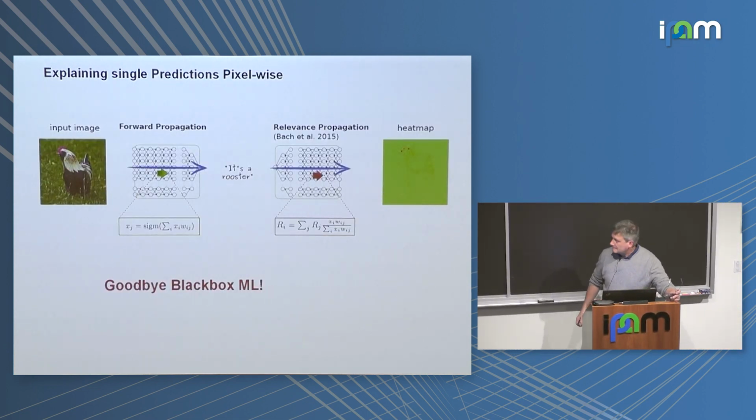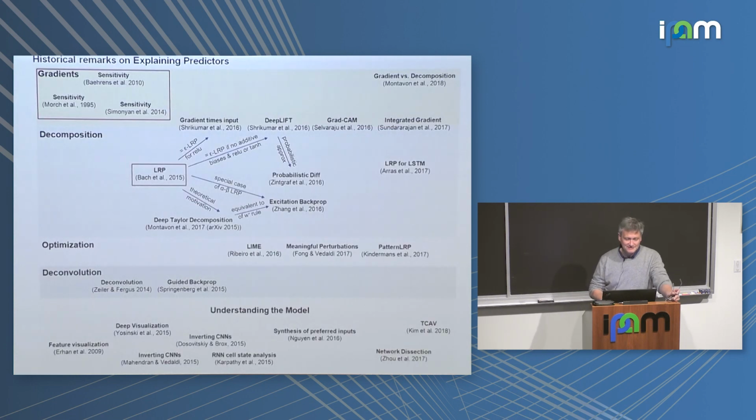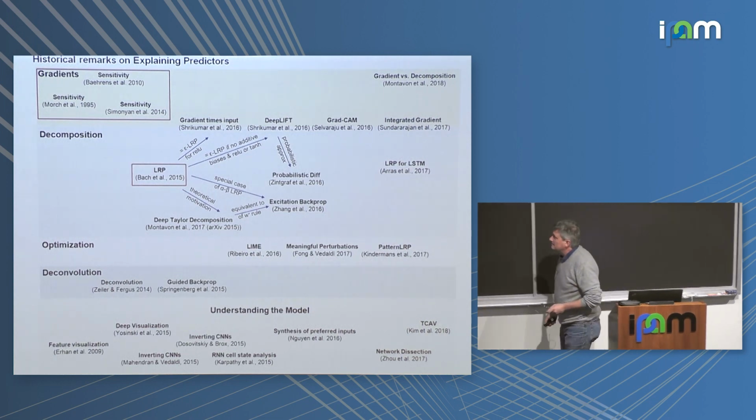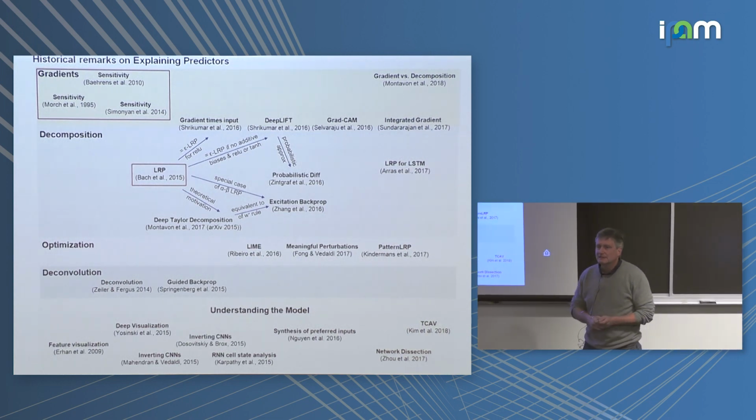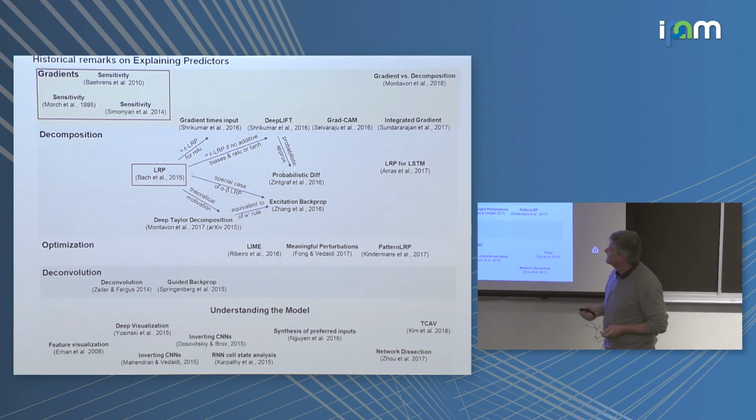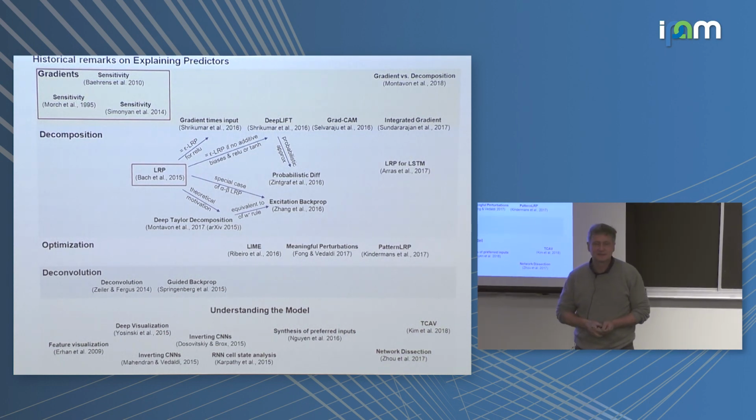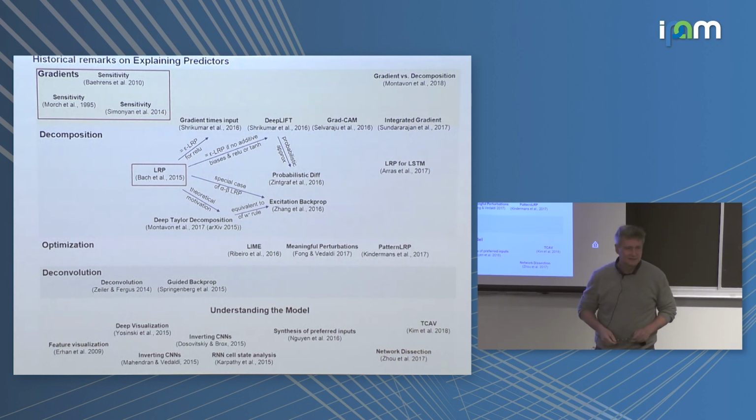As you saw, at least from these nice heat maps, there's some hope, and we should say goodbye to the black box. There's no more black boxes. There's a lot of activity in this field, and I should crowd this a bit more, but there are some historical remarks. What is called sensitivity is an old concept that people in control have been using last century. So just taking the input, wiggling a bit, and seeing how things change.